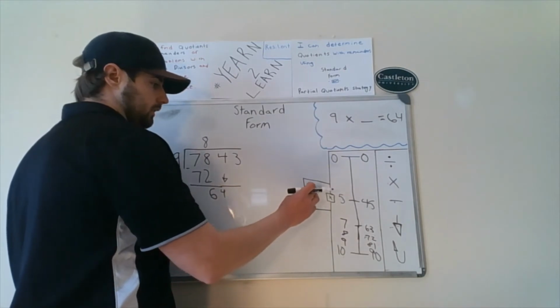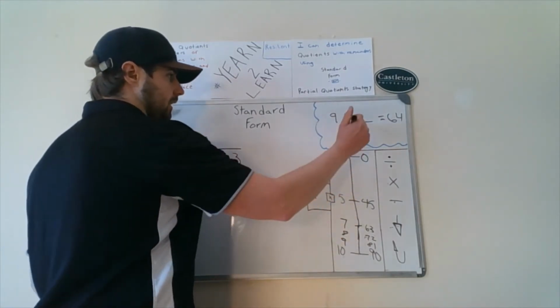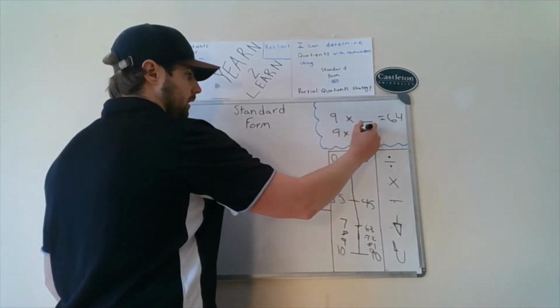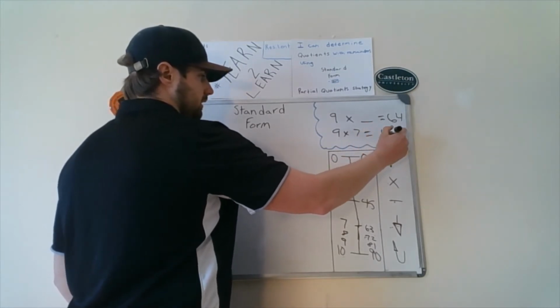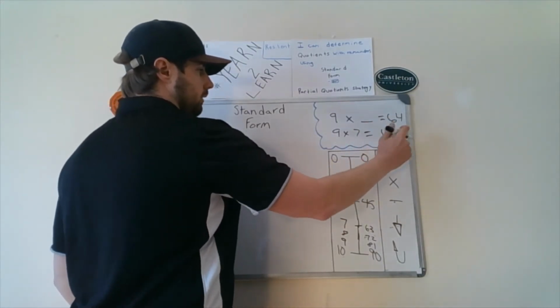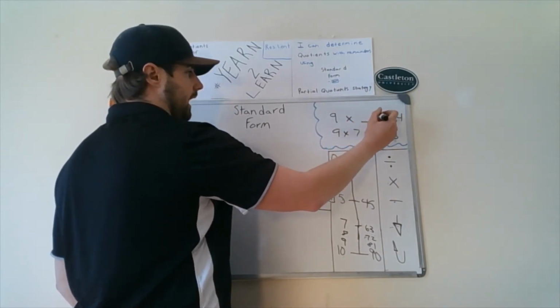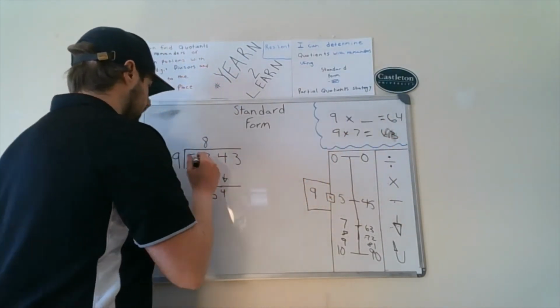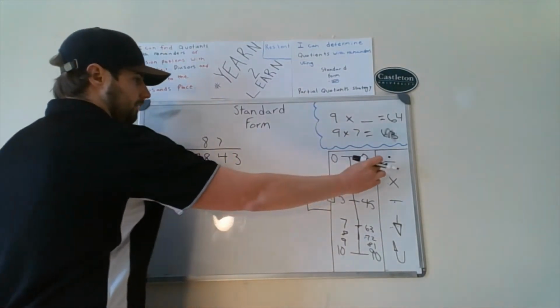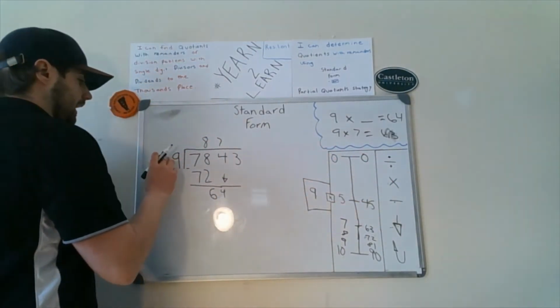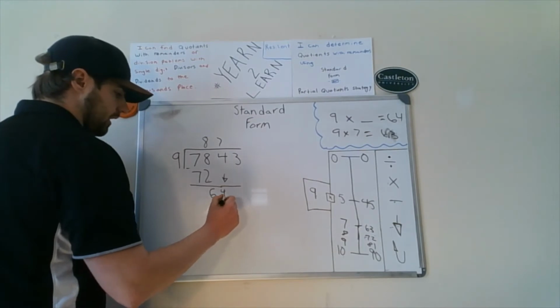Okay, 9 times 7 is going to give me 63. Whoop. That is 1 less than 64. That's as close as we're going to get. So, 7. I divided. I need to multiply. 9 times 7 is 63.